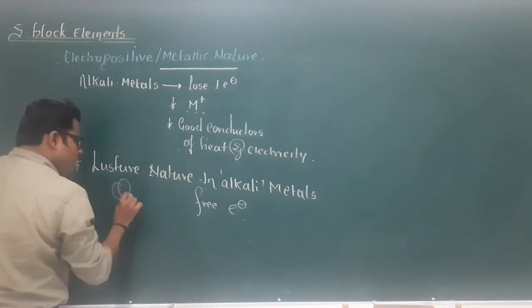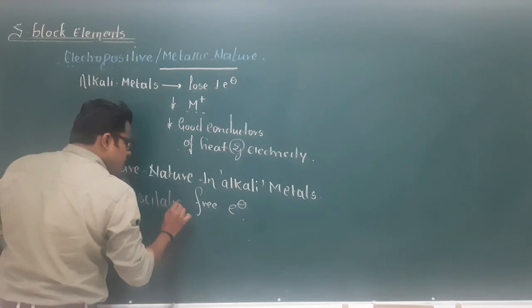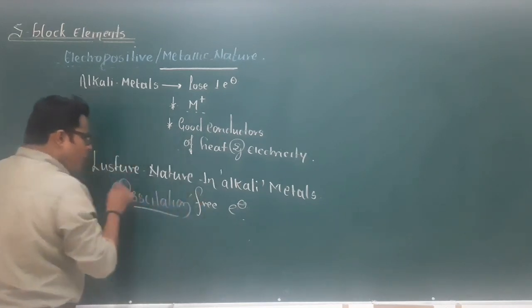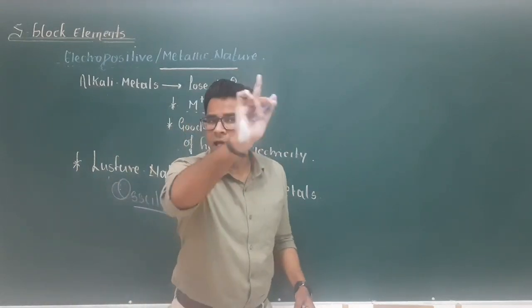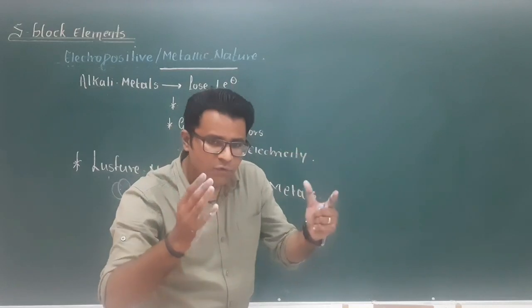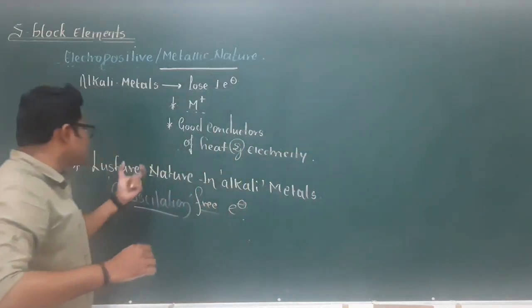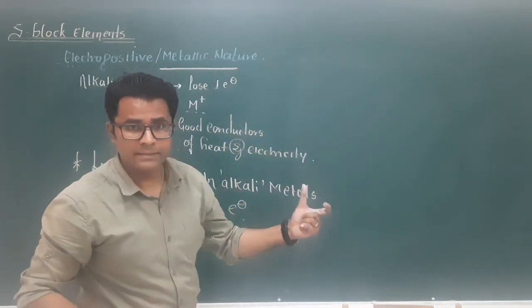It is because of the oscillations of the free electron, the one last electron present in the valence shell, that we have the lustrous nature of these metals.